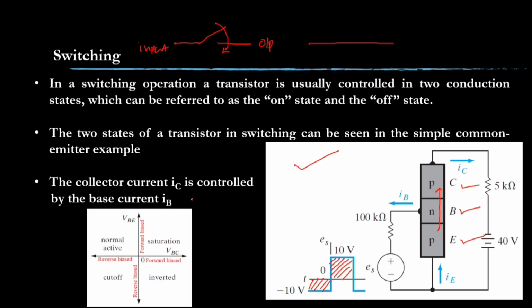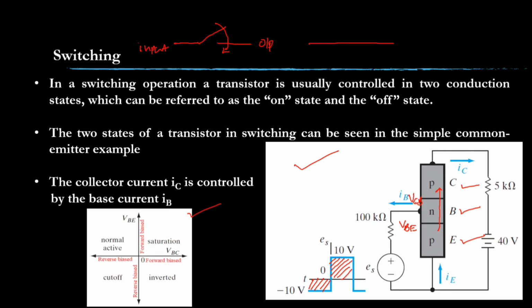Okay, so we know the normal active mode, and we have seen the inverted mode, and I am going to introduce two more things to you, that is saturation and cutoff of the BJT. Let's see here. Look at this small diagram. On the x-axis I represent the voltage between collector and base, VCB. On the y-axis I have taken the voltage between base and emitter, VBE.